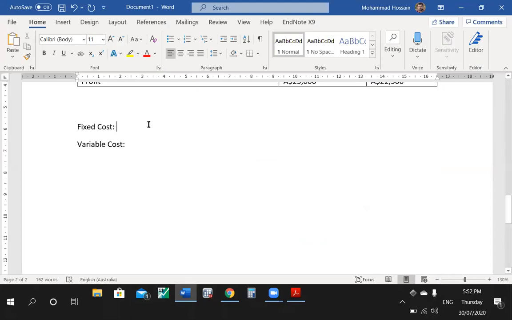Costs which are fixed without any production volume, regardless of any production volume level, that is fixed cost. Examples. First example I can give you is the rent. You have rented a premises to produce something.